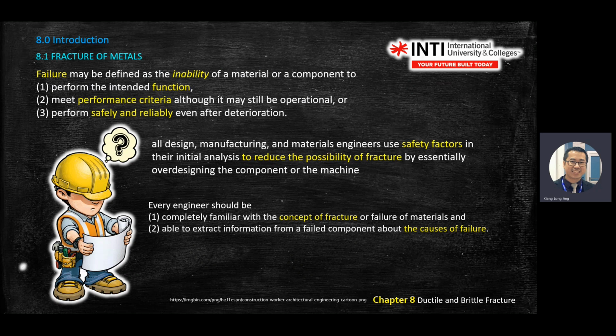Nowadays, for our consumer products, engineers purposely design for a shorter life cycle. What does it mean? It means products nowadays are designed to break at a faster rate so that you can buy the product again, right?